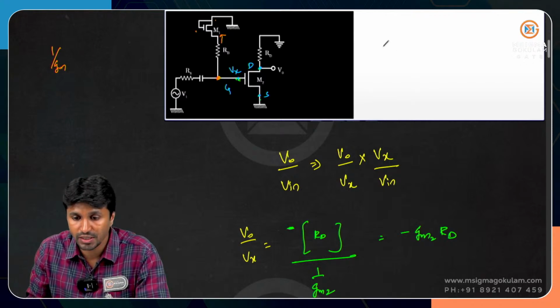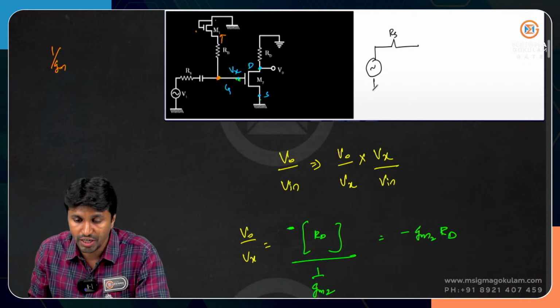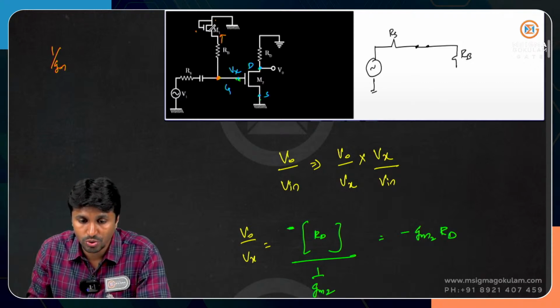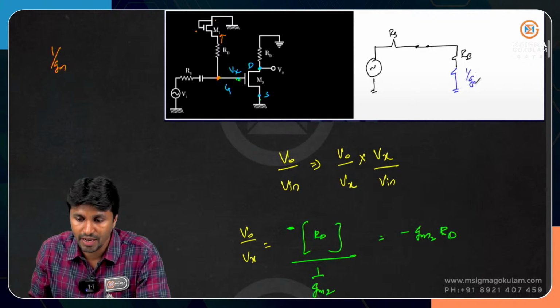So I'll draw that portion. This is Rs. Since you are calculating the voltage gain, you can short circuit the capacitance, so this is Rb. When you look into the source, the effective impedance is 1 by Gm of the first MOSFET, M1, so this is 1 by Gm1.